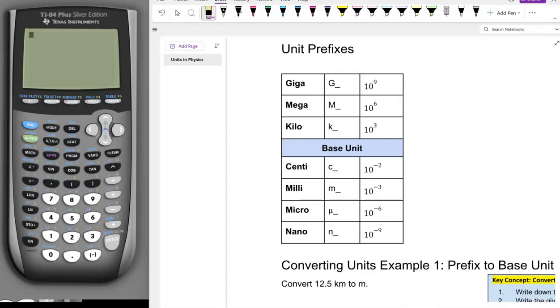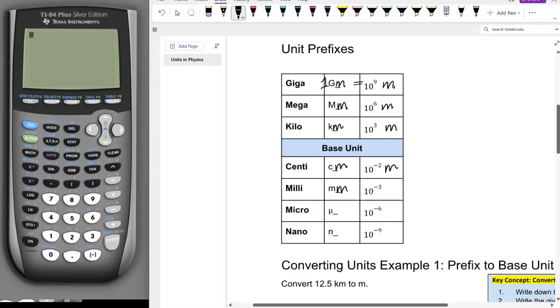Now, each of these is a 1. So let's say we're using the meters again. 1 gigameter is equal to 10 to the 9th of the base unit meter. So you could go ahead and fill in meters on all of those if that's what you were working on.